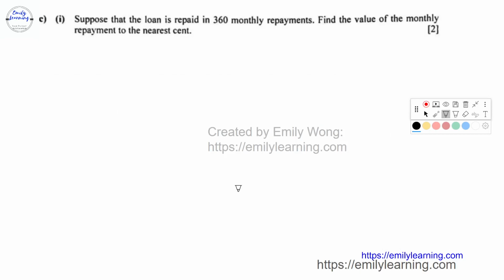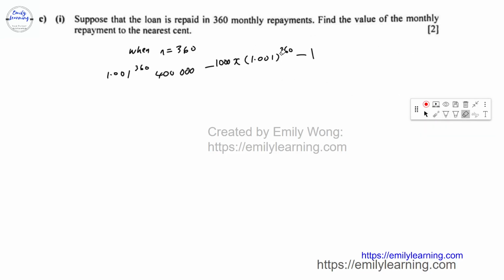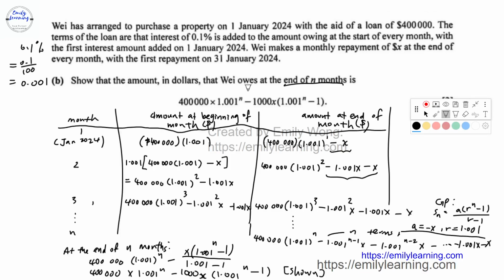Okay, so when n is equal to 360, I know that this is the amount that is being owed. So basically what I did is I substituted n equals 360 here.